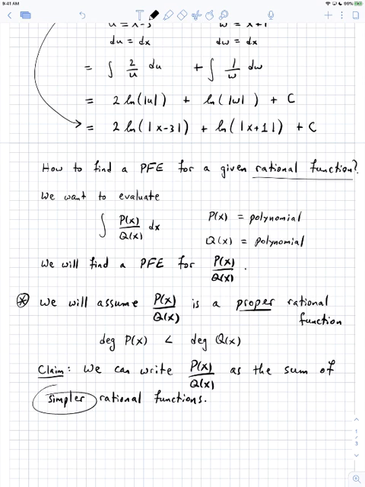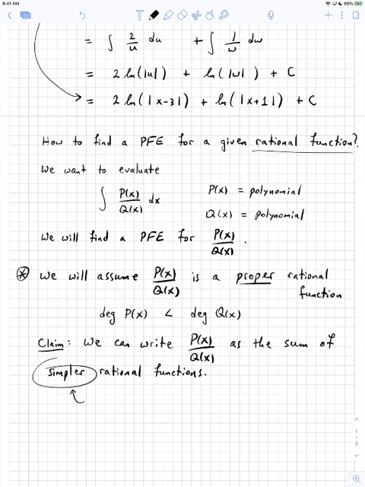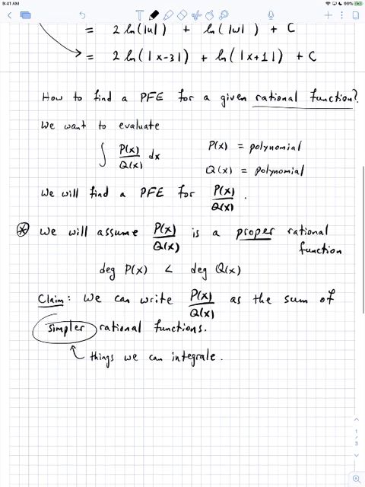And what do I mean by simpler? I just mean things we can integrate. This sum of simpler rational functions is what we call the partial fractions expansion. And that's what we're going to talk about, how to actually determine what the partial fractions expansion is.